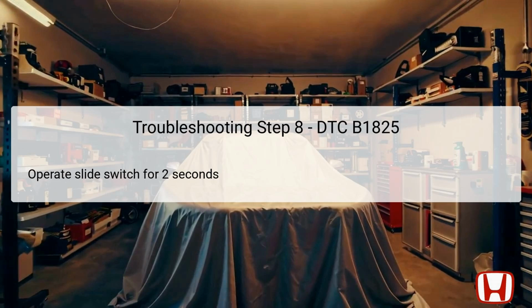In this step, you will operate the slide switch for a duration of 2 seconds to assess the slide motor's performance. It is essential to observe the slide motor's operation closely while doing this, as any irregularities can confirm suspicions about a potential failure. Smooth running of the slide motor indicates that components are functional and communicating correctly.